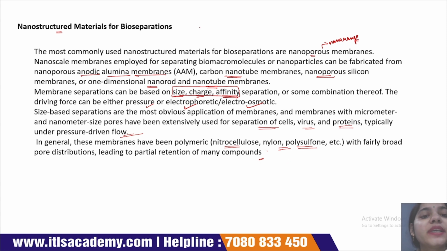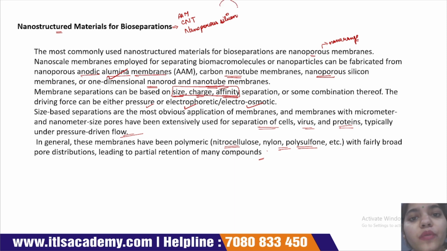Basically for the bioseparation process we use different types of nanostructures. These are AAM, that is anodic alumina membrane; next, CNTs, that is carbon nanotubes; next, nanoporous silicon; next, one-dimensional nanorods or nanotubes.